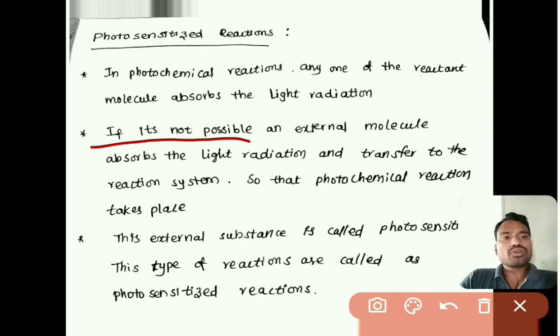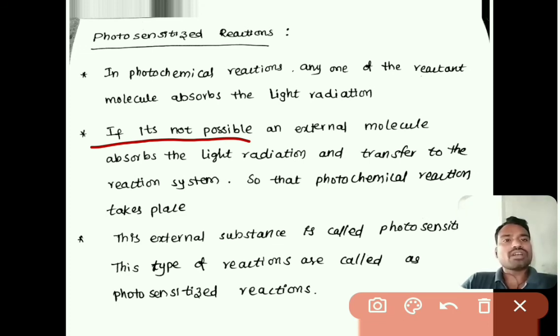This type of reaction is called a photosensitized reaction.